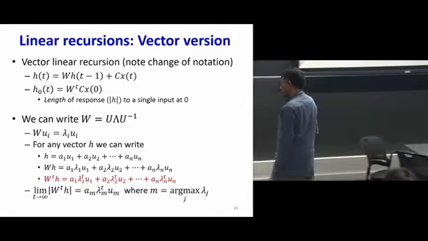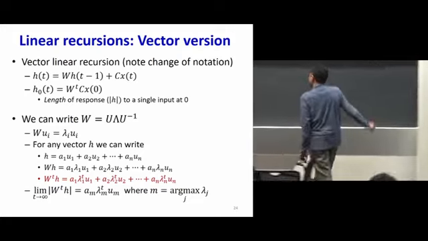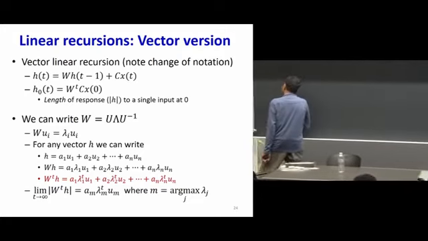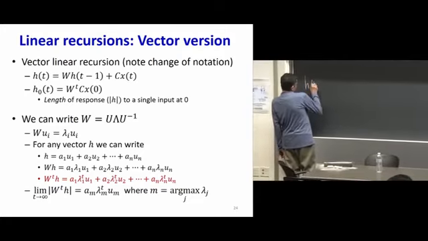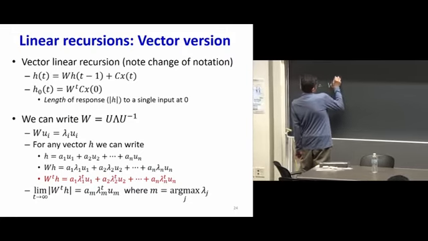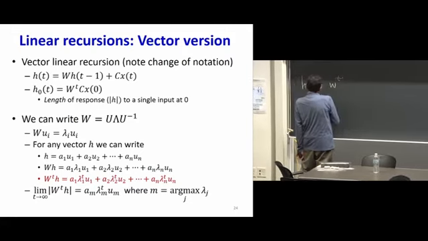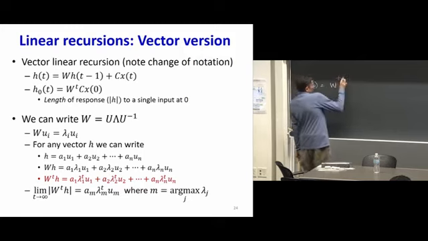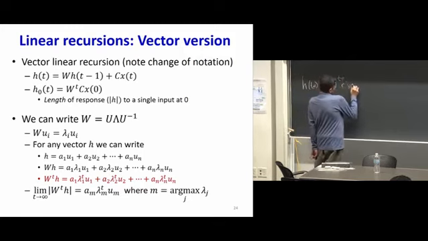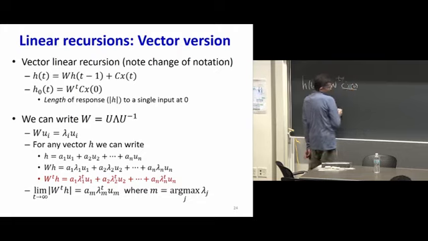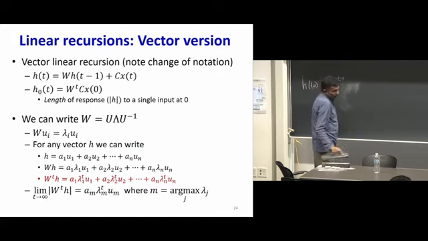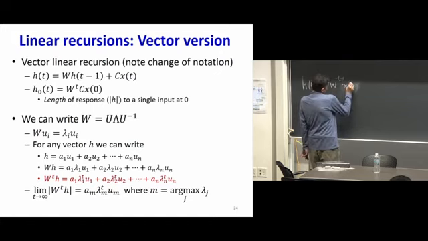So I can just write H of t plus 1, which is a bit more convenient, as W raised to t times c of x0. I'll ignore the c and just call this x0, because we're really interested in what happens with W.